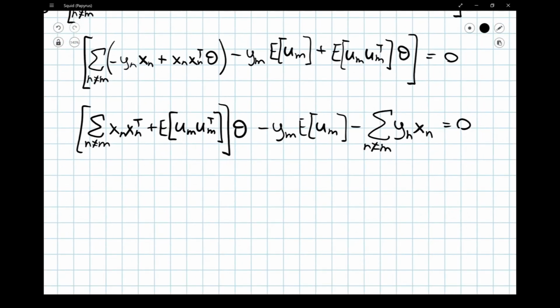So now we can just solve for theta. We're just going to move all this stuff over onto the right hand side, and then pre-multiply by the inverse of that thing.